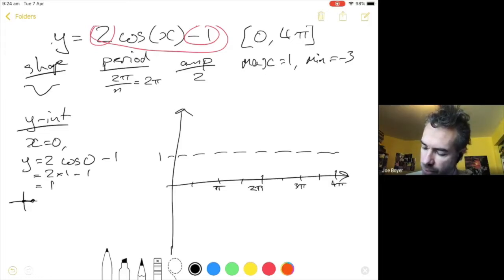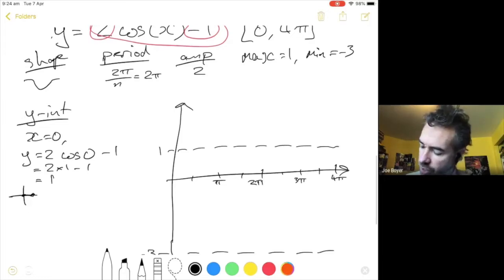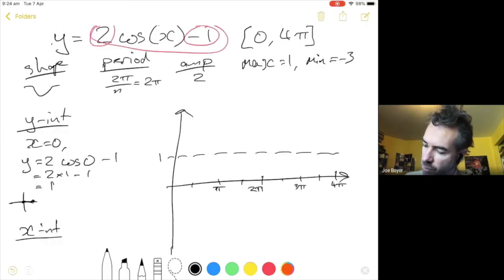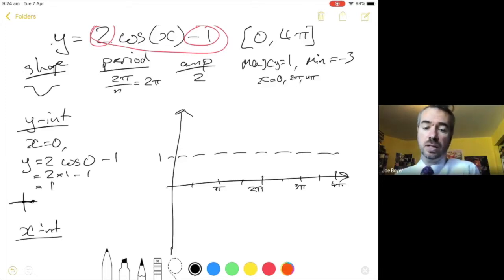Now, before I jump to x-intercepts, we can also say we're going to get the maximum y value is equal to 1. That's going to occur at an x value of 0 and at the period, which is 2 pi and 4 pi. So once I work out what one maximum is, I can just add the period each time to get the other ones.